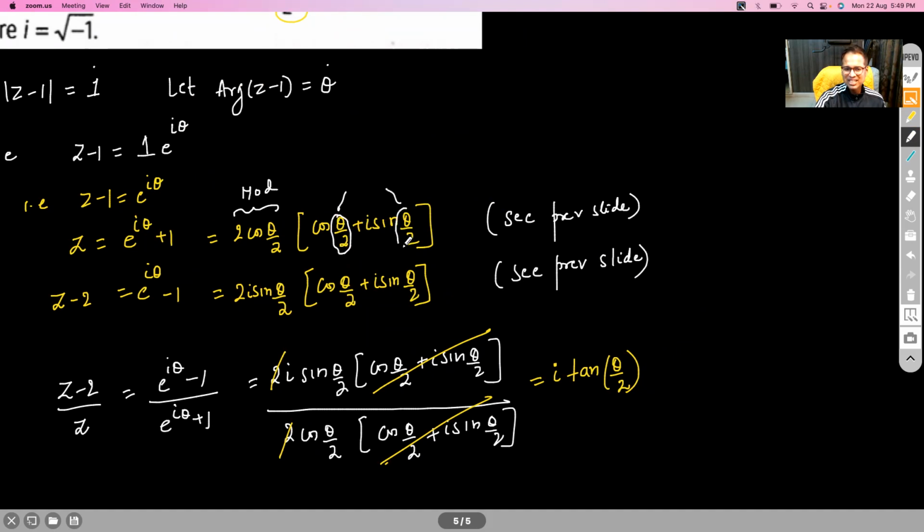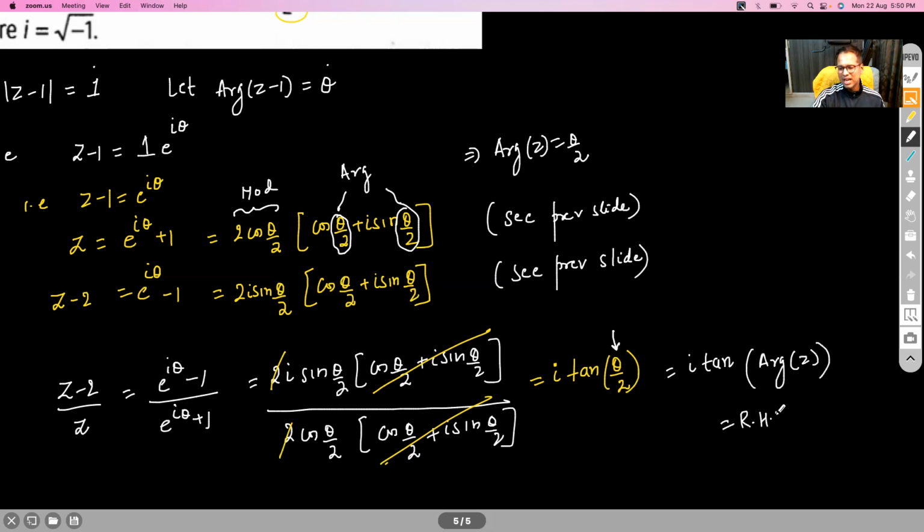These two angles are the argument, right? So yes, from here I can easily conclude that the argument of z was theta by 2. So this theta by 2 that you see over here, I can replace with the argument of z. And that is my RHS. That is what I wanted to show. Nice. Hence shown. Is it fine?